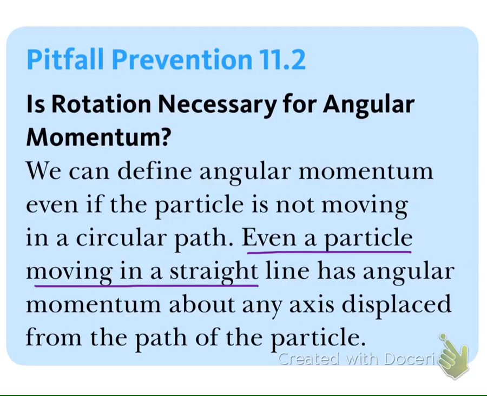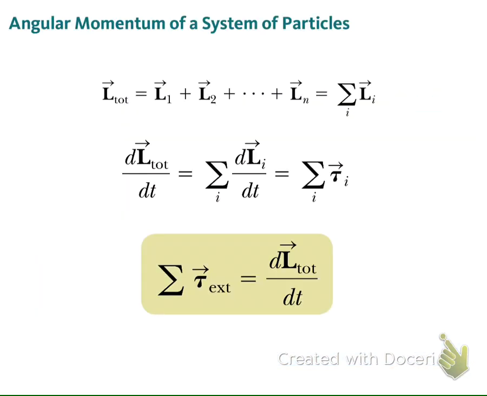But in general, it's not necessary that a particle has to rotate about an axis to have angular momentum. Now, let us move to the case of the system of particles.